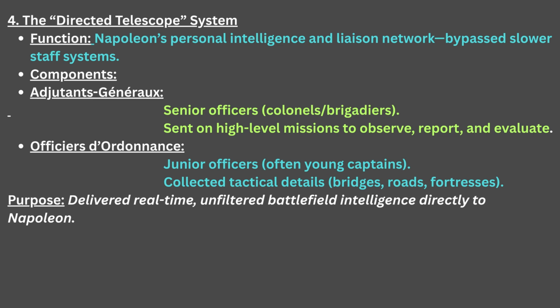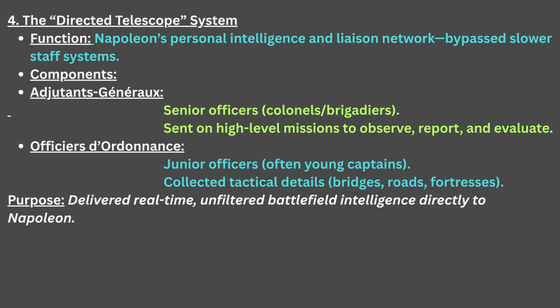These were junior officers, often young, sharp captains. They collected tactical details like road conditions, bridge status, enemy movement, fortress defenses. Basically, they were Napoleon's eyes and ears on the front lines, gathering crucial details no map or scout report could provide.